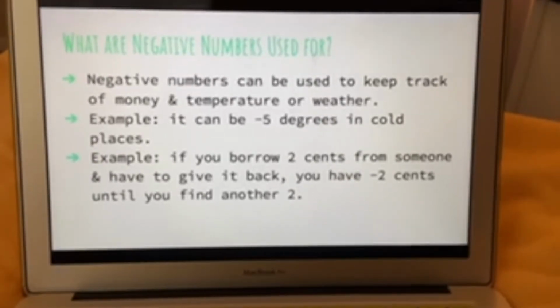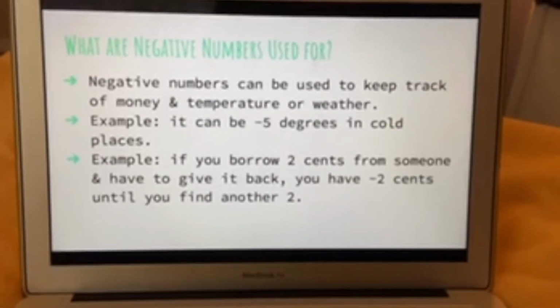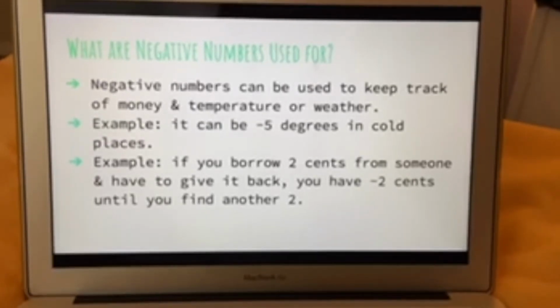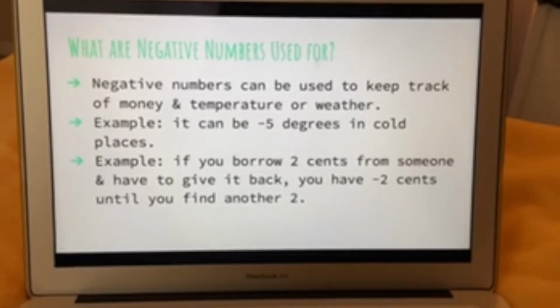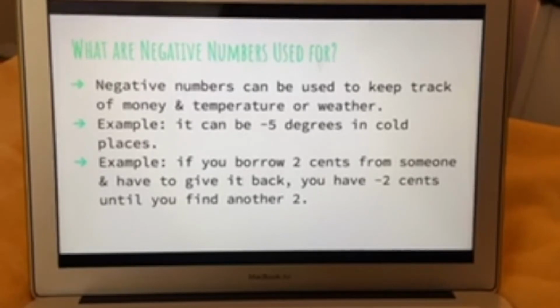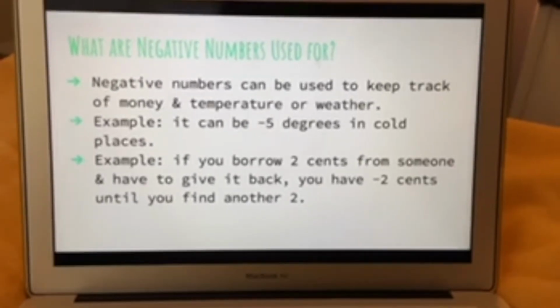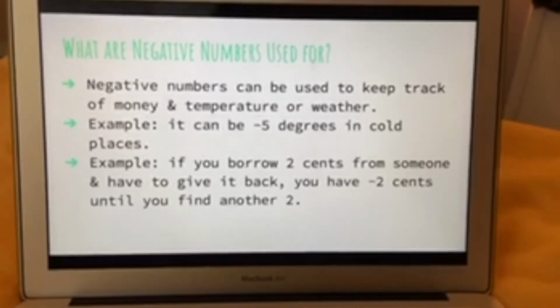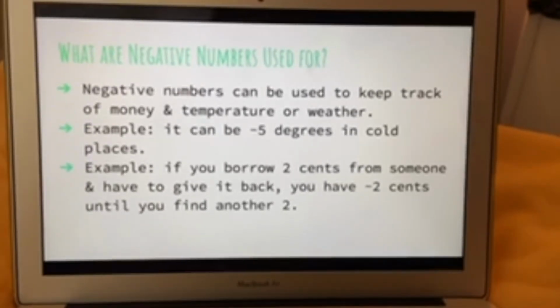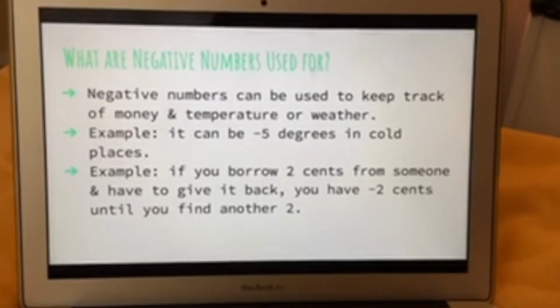When we're referring to money with negative numbers, we're typically talking about how much you owe someone. So let's use an example. Say you want to go buy ice cream that costs 2 cents, but you don't have those 2 cents.